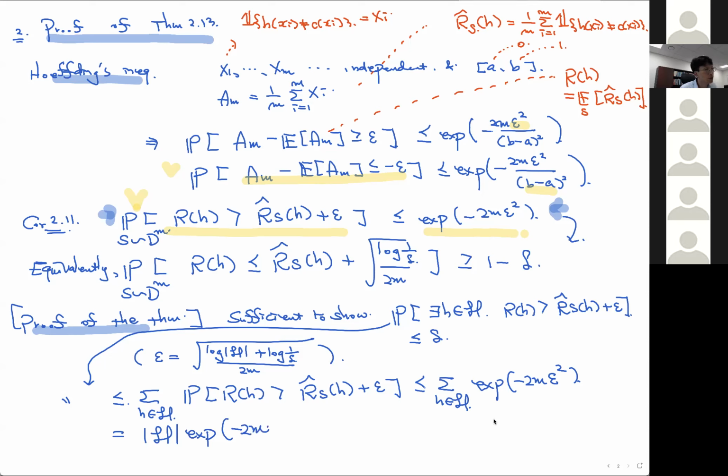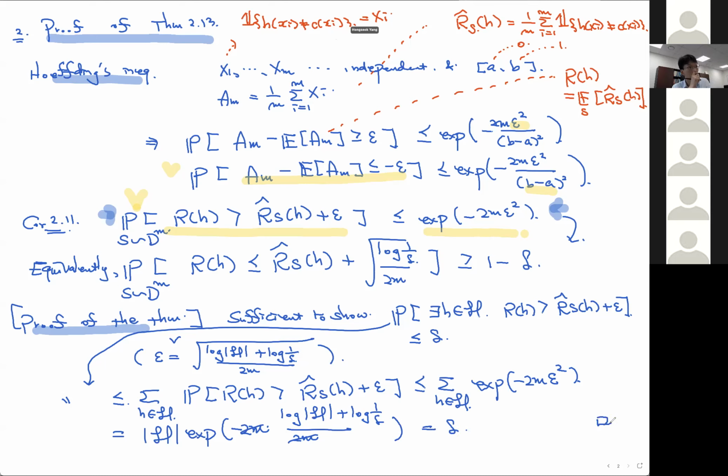Now we plug in the definition of epsilon, which comes from the theorem. So if you plug in the definition, it's 2m times log of H plus log of 1 over delta, and then this calculation cancels. If you do the calculation, that is exactly the same as delta.